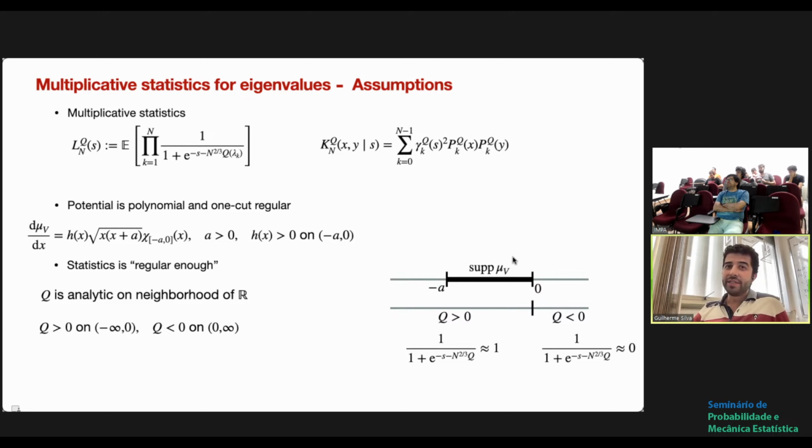And actually, we impose that Q vanishes linearly here at the origin. The fact that it vanishes linearly imposes a certain scaling on n, and this scaling has to do with the scaling of the largest eigenvalue. I told you before that the fluctuations of the largest eigenvalue, under our assumptions, will be of the order 1 over n^(2/3).